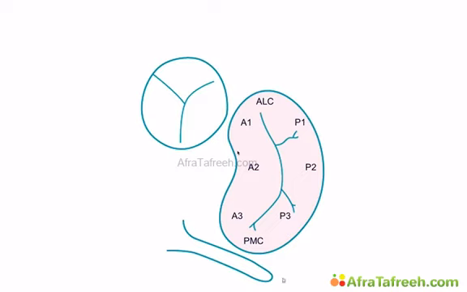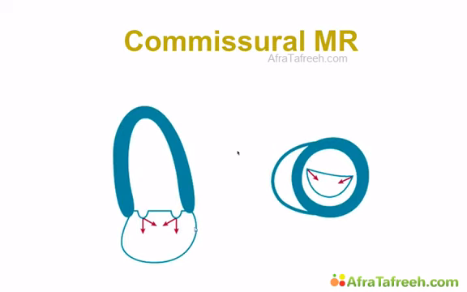And then we have the typical Carpentier classification with anterior and posterior leaflet. A1 would be anterolateral, A2 would be medial, and A3 would be posterior medial part of the mitral valve. Okay, and in our patient, we had a jet which came right from here, from the commissural region.